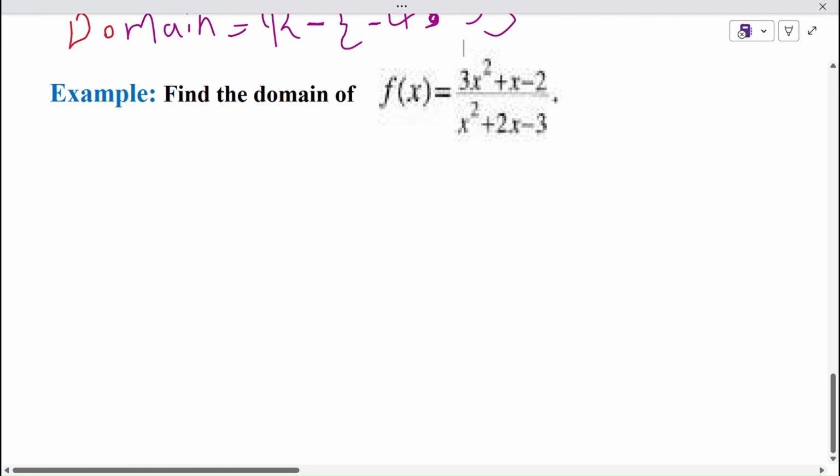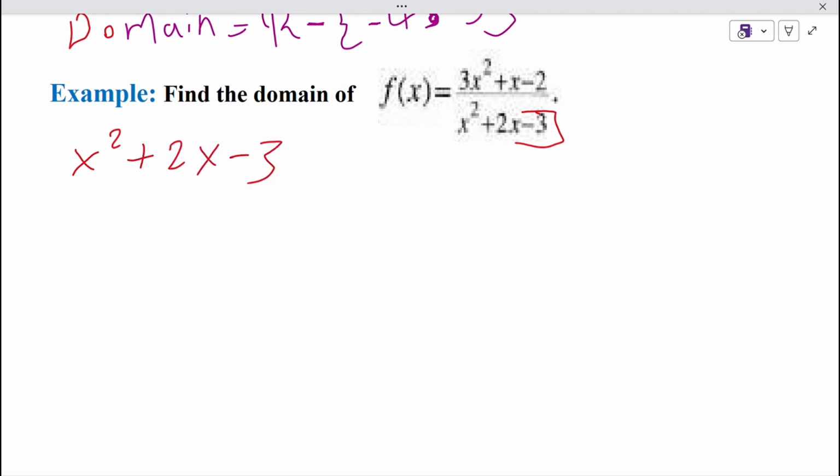It's really easy. Where is the denominator? The denominator is here. This is the denominator, x squared plus 2x minus 3 equal to 0. Again, you have to factor it by opening two brackets. Okay, here we have x, where the first sign put down here, then the first sign times the second sign, plus times minus is equal to minus.